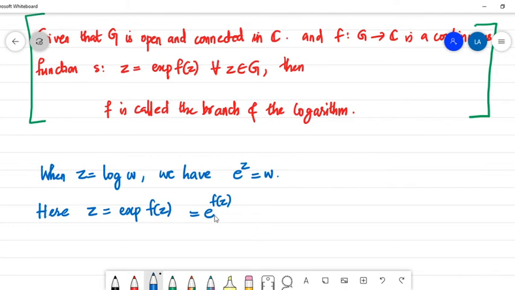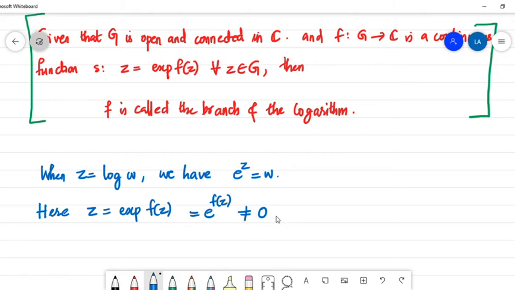And we know that the exponential function can never be 0 for every z that belongs to C. And here also, this f of z is a complex number in the complex plane, so this is also not equal to 0. That will mean that the function is happening from G to C, right? So this e raised to f of z can never be 0.